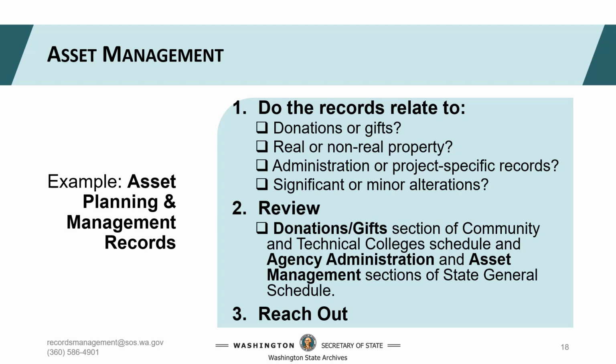Construction project records for a new building have more value than an HVAC system in a pre-existing building. Records for certain buildings may also be archival. For instance, the archives might want records related to the school library, but not an off-site storage warehouse. This variance in retention value speaks to the question of significance. Go with the option that is most appropriate or has the longest retention, and reach out if you're feeling stuck.